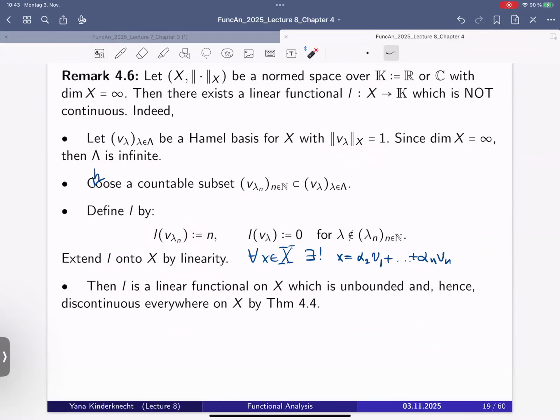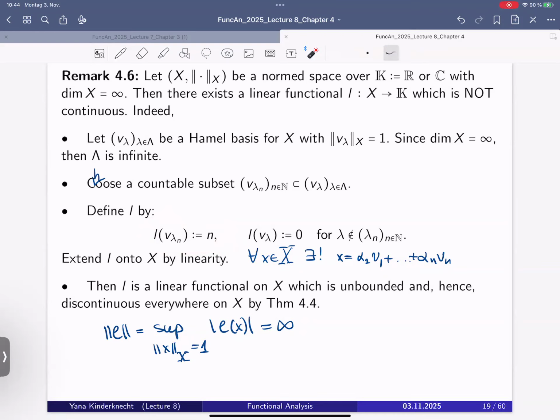Hence the norm of L, which is the supremum over all x with norm equal to 1 of the absolute value of L of x, is infinity.